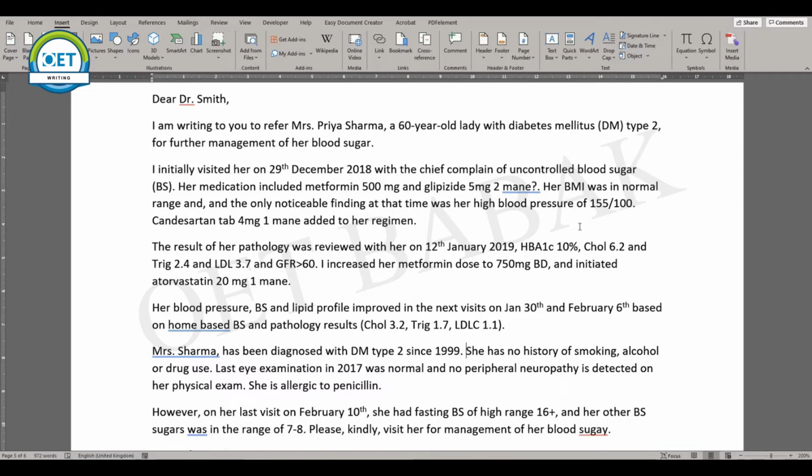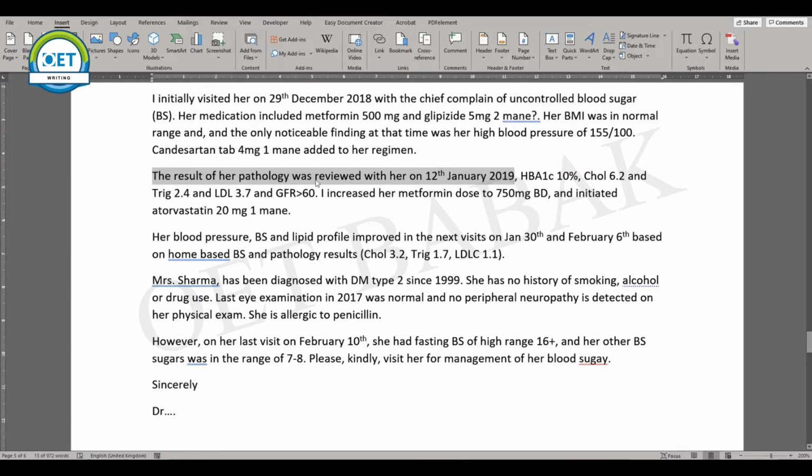So basically what we're doing, we are paragraphing, we are highlighting the information. What is important is this is the initial presentation. Then after that, this is the second presentation, and what happened consequently, and this is what happened after that, and this is the background information, and this is what we are requesting.